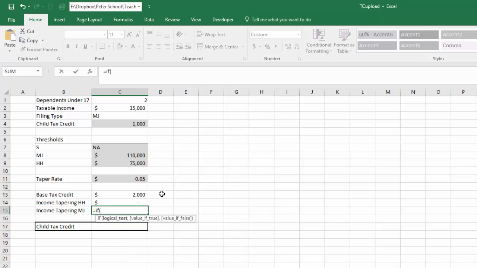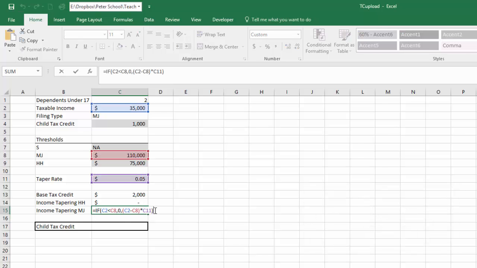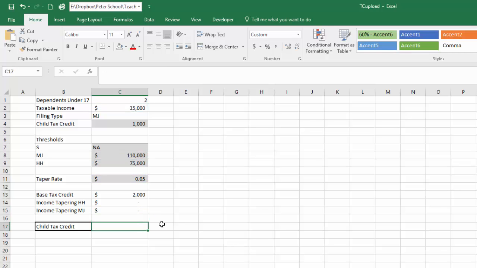For married joint, we're going to do the same thing. If your income is less than the threshold, then the taper is 0. If not, we calculate our income minus the threshold, multiplied by the taper rate. I forgot to close with a parenthesis, that's why it yelled at me.